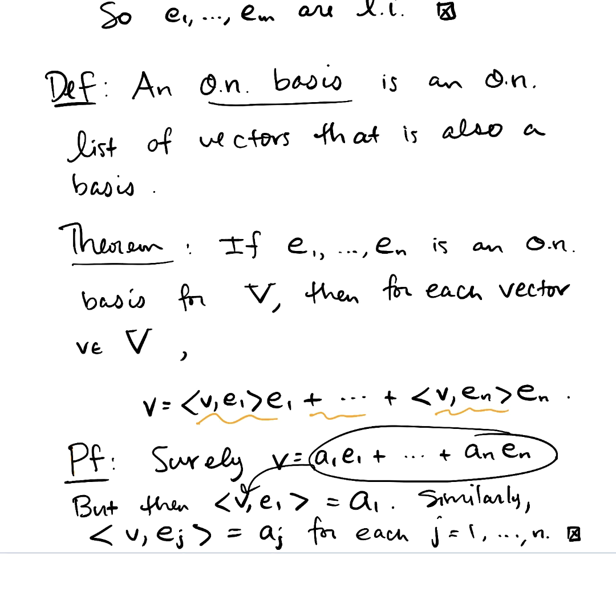So zoom out. We just discovered if you are so lucky to have in your hands an orthonormal basis, then the task of expressing an arbitrary vector as a linear combination of that basis is no task at all. What linear combination? This linear combination right here.